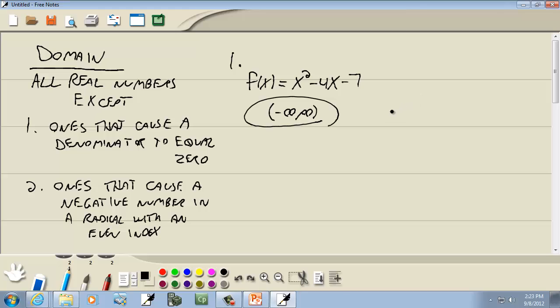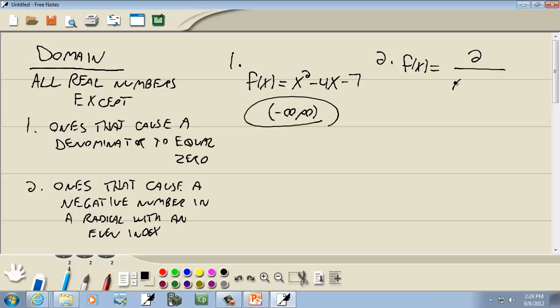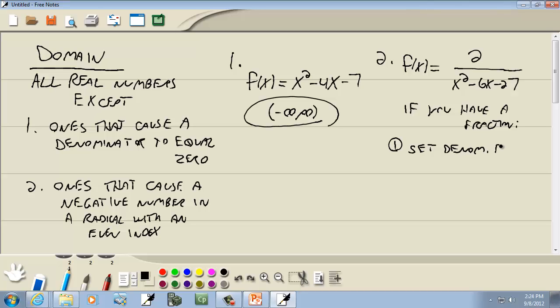Let's take a look at one with a fraction. We have f of x is equal to 2 over x squared minus 6x minus 27. Same instructions, find domain. Now if you have a fraction, and this is for finding a domain, first thing we're going to do is set the denominator equal to 0 and solve.